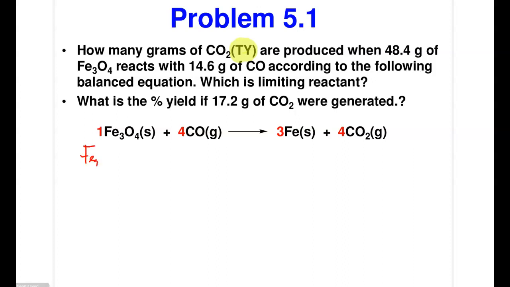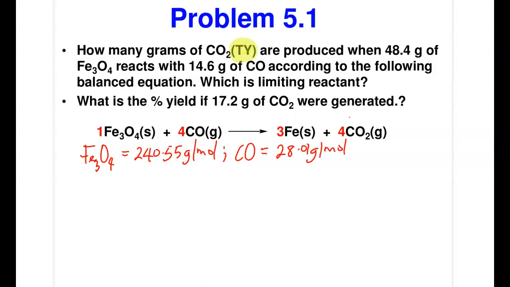The molar mass of Fe3O4 is going to give you 240.55 grams per mole. Carbon monoxide gives you 28.01 grams per mole. And carbon dioxide gives you 44.01 grams per mole. So these are what we're going to get.